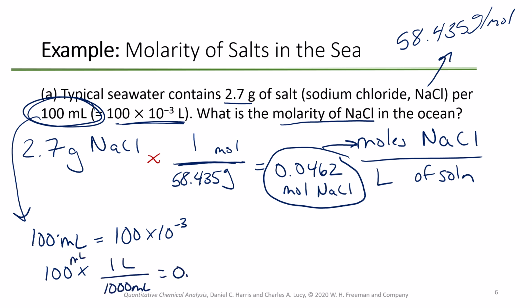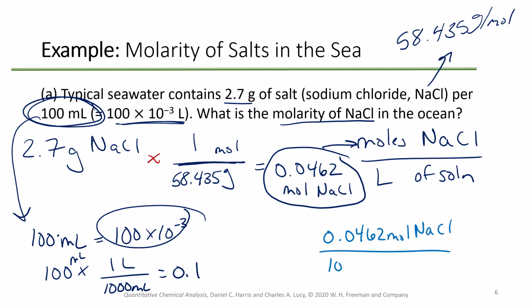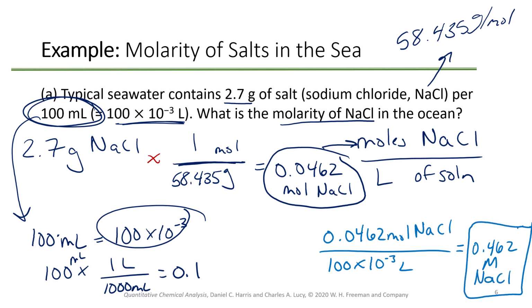That's the same thing as 0.1. But since they gave us 100 times 10 to the minus 3, I'm going to plug that in. So if I have 0.0462 moles of NaCl and I divide it by 100 times 10 to the minus 3 liters, I get 0.462 molar NaCl. So you can leave it in moles per liter or you can convert it back to M, capital M.